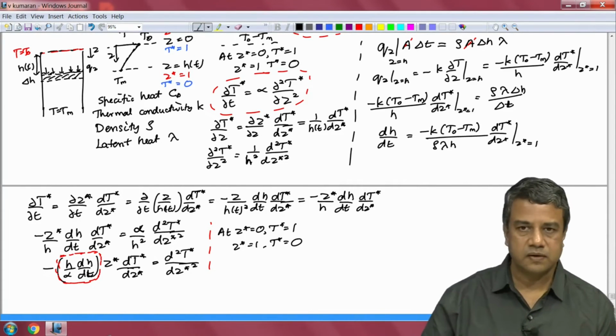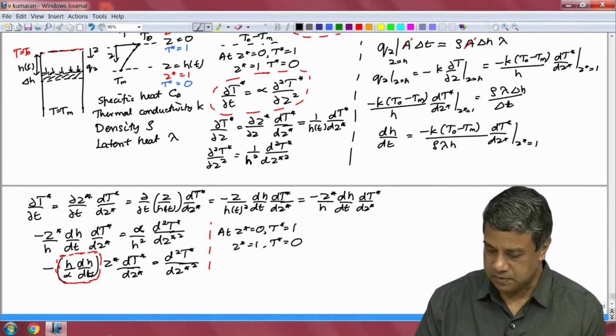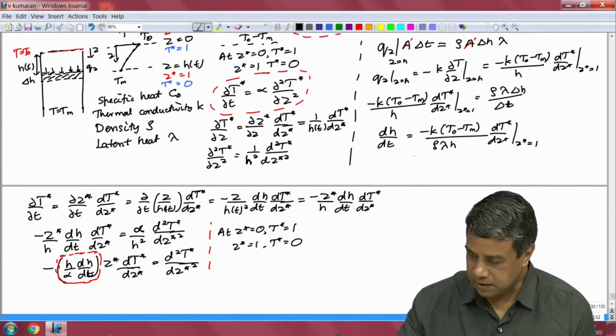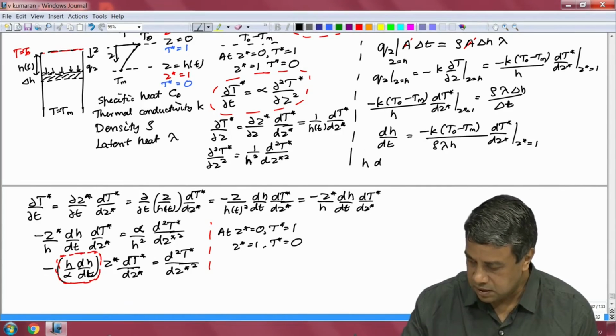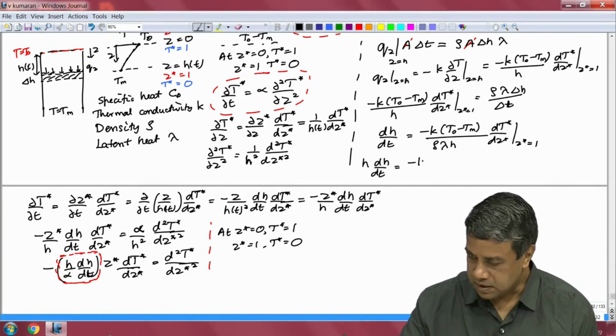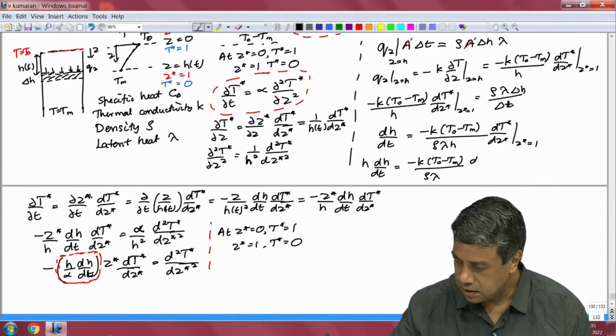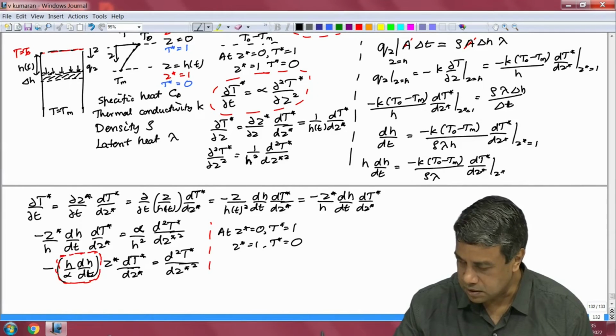Therefore, dH by dt is a positive number, and if I multiply throughout by h, I will get h dH by dt equal to minus k into T naught minus Tm by rho lambda, dT star by dz star at z star equal to 1.